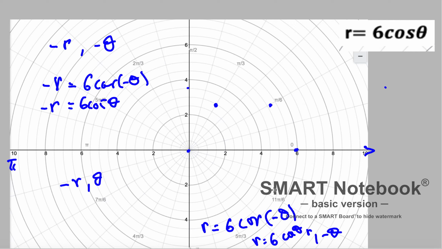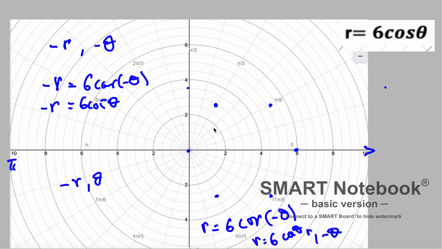Because we have symmetry, it's very easy. Whenever I have pi over 6, I have 11 pi over 6, another point, and pi over 3 gives 3 here, and it's going to be 0. So this is the figure we are going to get. I know this describes a circle, so let me try to draw the circle by hand.